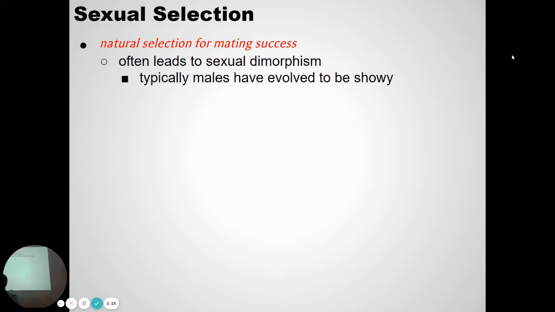I'm sorry, I just mixed that up. The females are darker in color. The males are brightly colored. And this is the pattern we see all the time. Oftentimes, males have showier colors, and females have sort of drab colors.